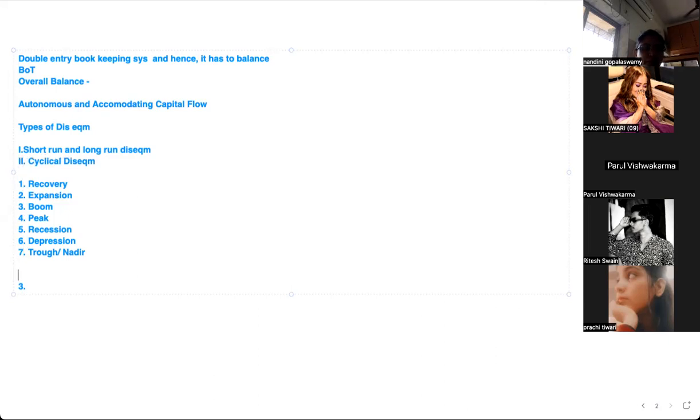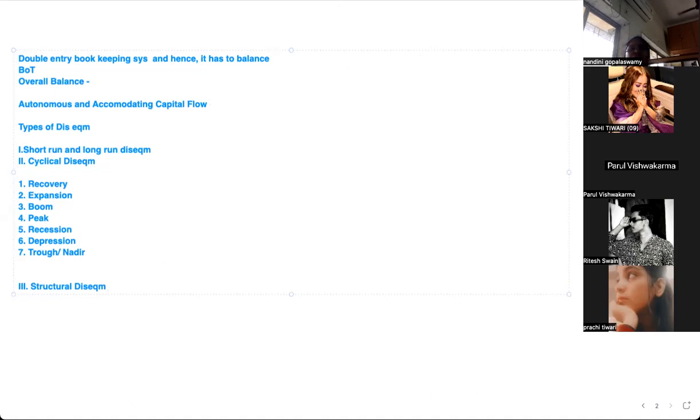Now, structural disequilibrium is another type of disequilibrium. Today we'll finish this topic. Structural disequilibrium talks about the structure of the economy. From industry, you change over to, say, agriculture base. Then you will have to import equipments, then you will have to modernize your agriculture or increase productivity. काफी सारी चीजें हैं, right?